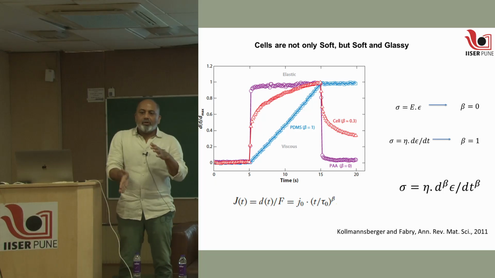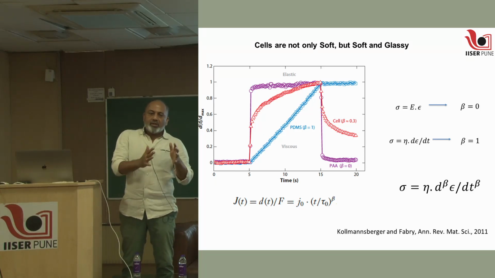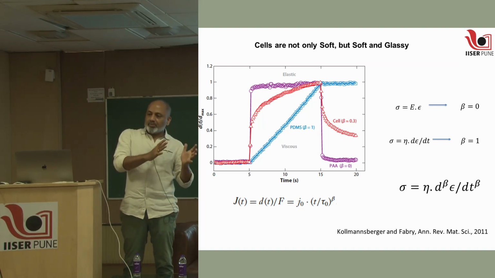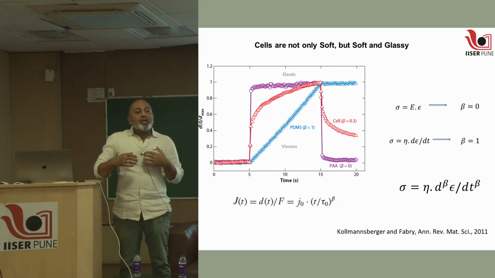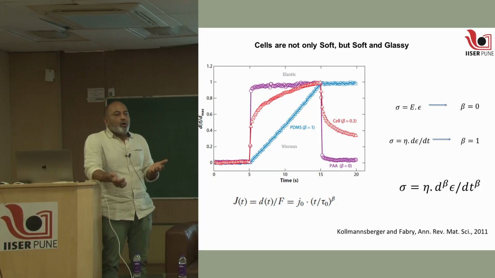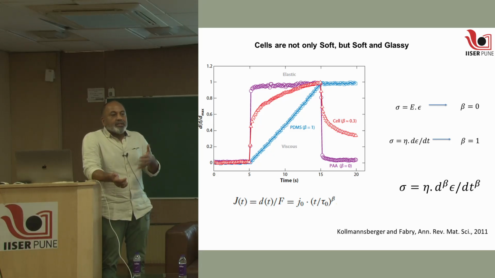For instance, turn on the magnetic field, and immediately something happens, just like the steel rod we said, and then it creeps for a little and then stops. So at least you can look at the time response, and this time response can tell you how much solid-like and how much liquid-like the material is, but it still doesn't tell you which equation I should use to fit my data. Okay, so these are the problems.